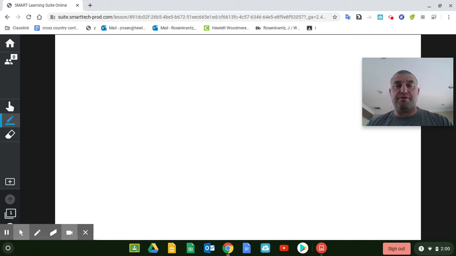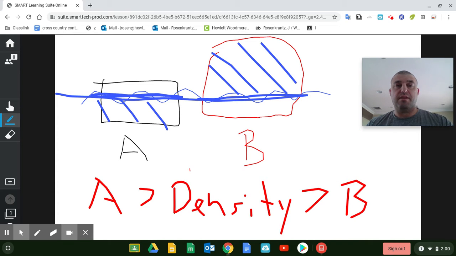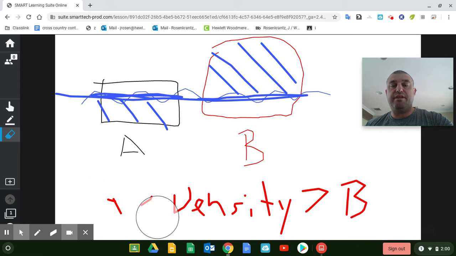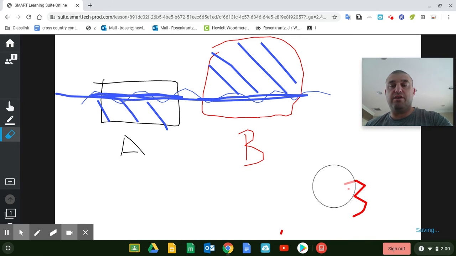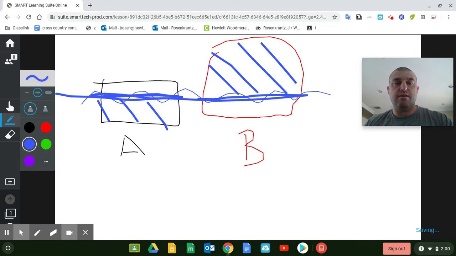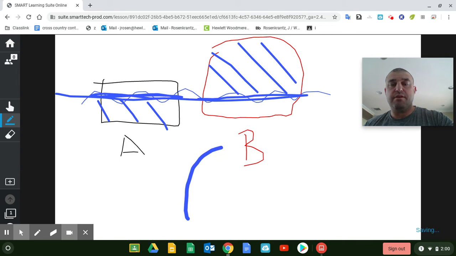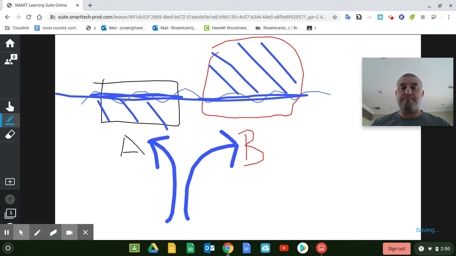Let's go back to that previous page. Let's say both of these objects are floating in the ocean, and an ocean current was coming up and then moving to the side, coming up and moving to the side.